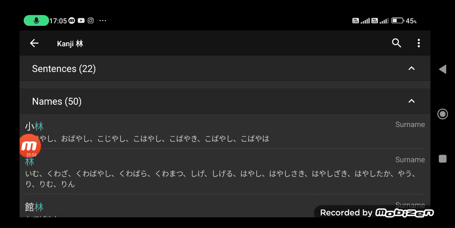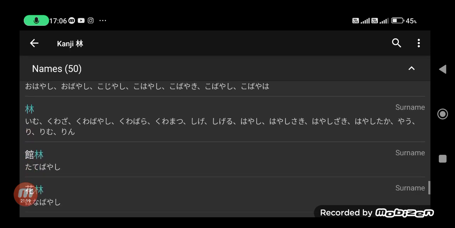Okay, so let's go to names. Minasan, this proper noun, this name, is often read as Kobayashi. The most prevalent reading for this is Kobayashi, but you can also screenshot the other readings.